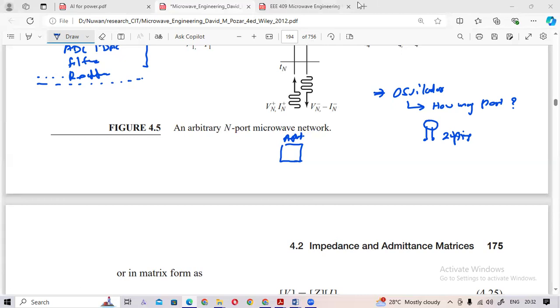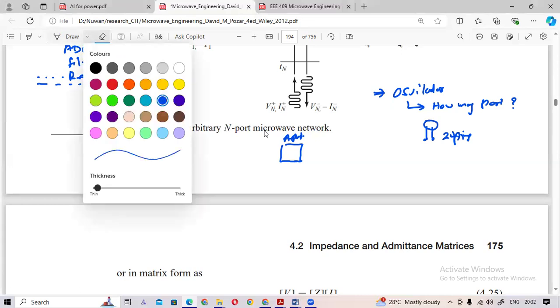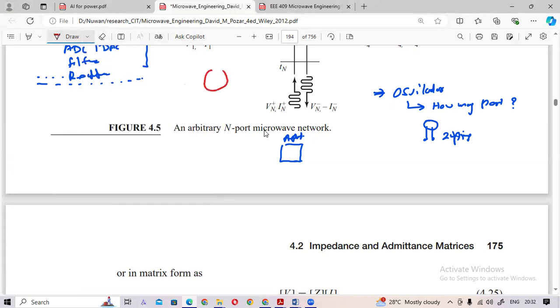Okay, Rangini. So it is like this. If you consider a transistor amplifier, let's say this amplifier is like this, no?